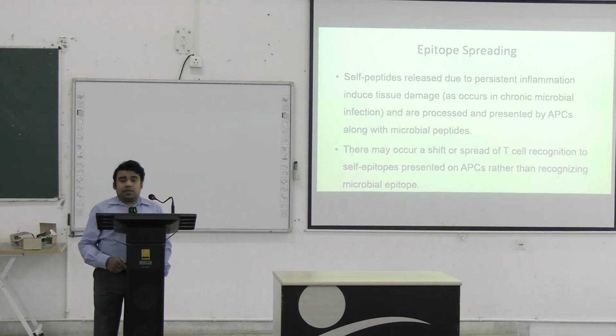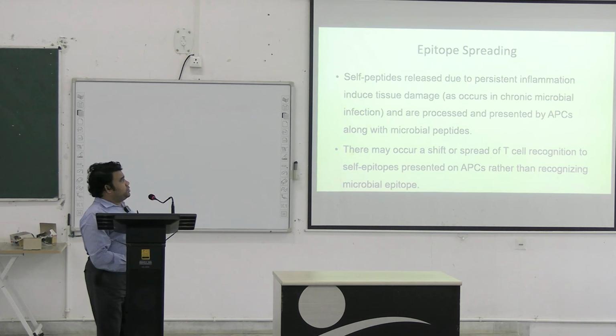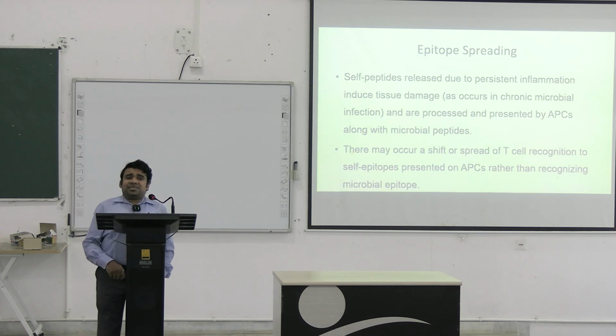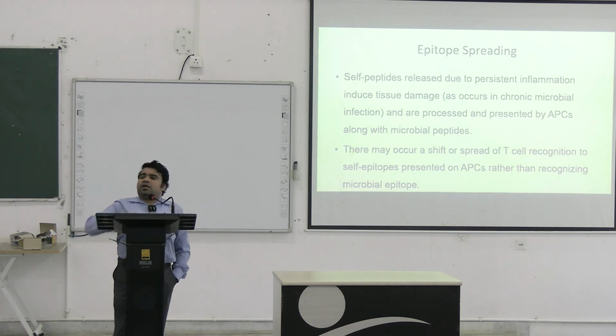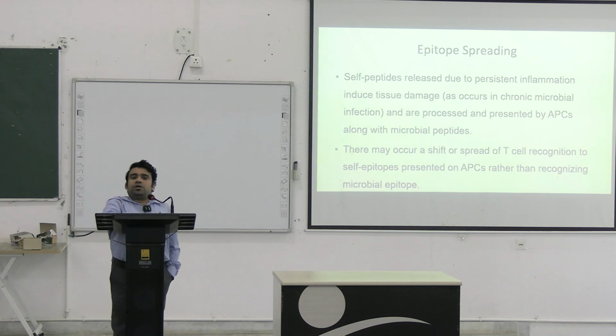What is epitope spreading? Here, the peptides released due to persistent inflammation induced by tissue damage are processed and presented by antigen presenting cells. There may be a shift or spread of T cell recognition to self epitopes presented on the antigen presenting cell, rather than recognizing the original epitope. This happens predominantly in chronic inflammatory conditions because of repeated and prolonged inflammation caused by the microbial proteins and associated tissue destruction. During the prolonged period of inflammation, the cells may shift recognition from microbial proteins to self or tissue proteins.